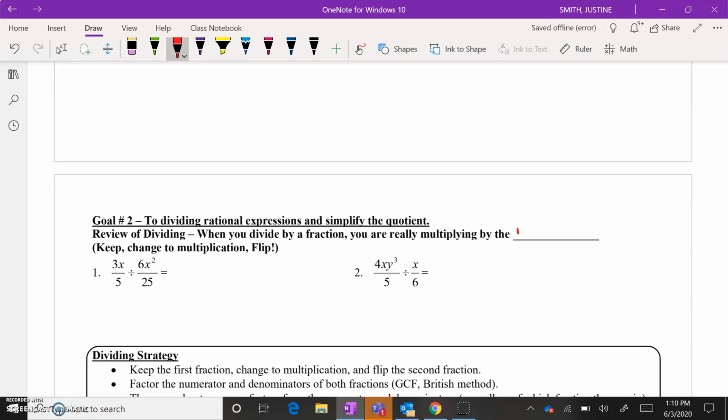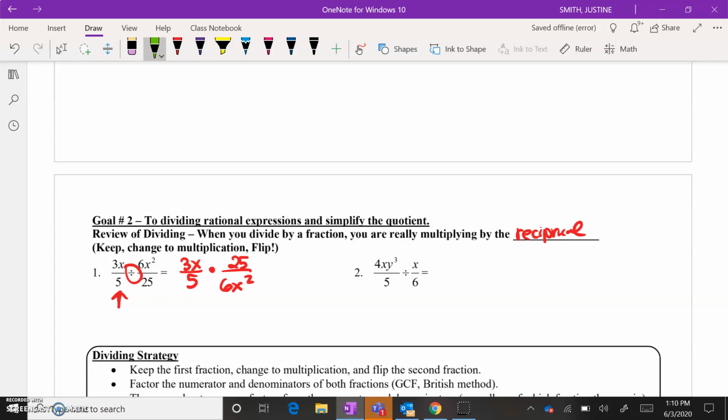So you're really multiplying by the reciprocal. Okay, so remember, we keep the first fraction, we change it to multiplication, and then we flip the second fraction. Okay, so really it's the same thing as multiplying once we do that.